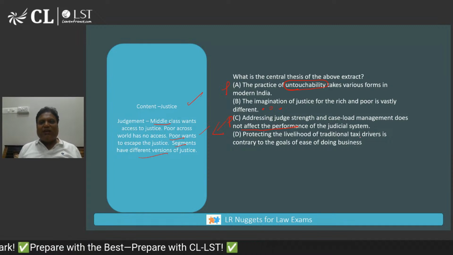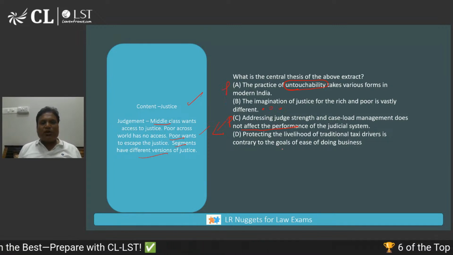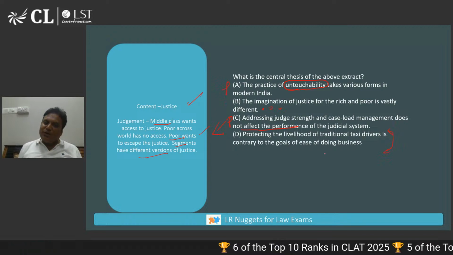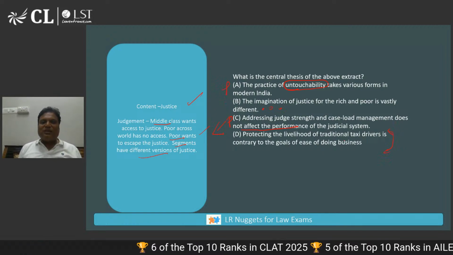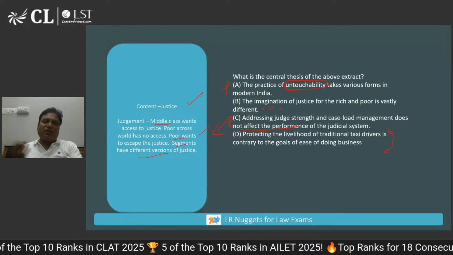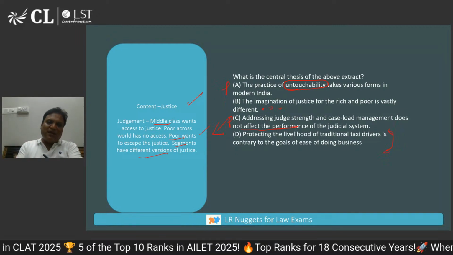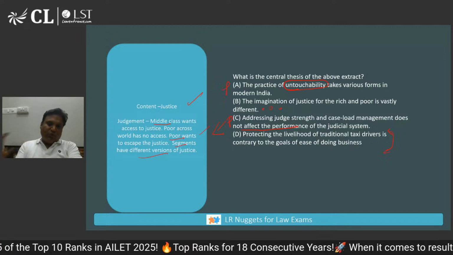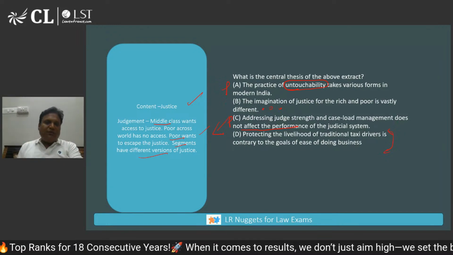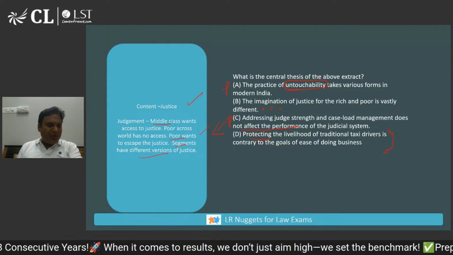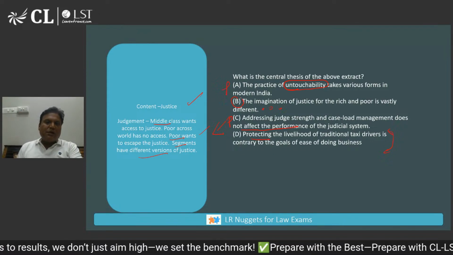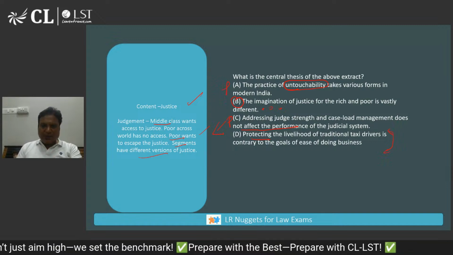Protecting the livelihood of traditional taxi drivers contrary to the goals of ease of doing business: this is in the passage, where some people believe we should allow ease of doing business and another segment says you need to protect our livelihood. But is this the main idea? Once again, no. It was used as an example to illustrate a point. So what is the answer? The answer is option B.